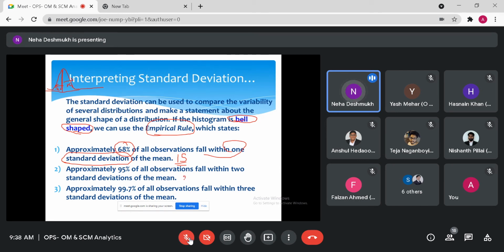If the data is distributed within two standard deviations of the mean, 95% of all the observations fall within this range. If the data is distributed within three standard deviations of the mean, 99.7% of all the observations fall in this range. Is this clear? Yes, ma'am.